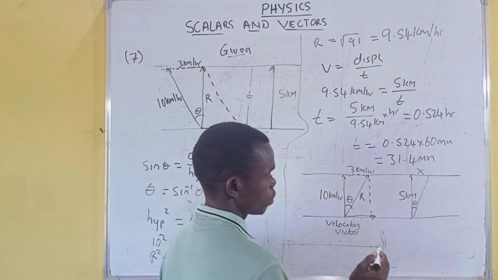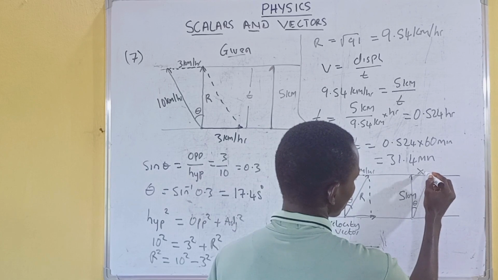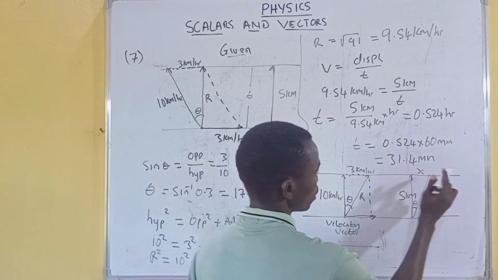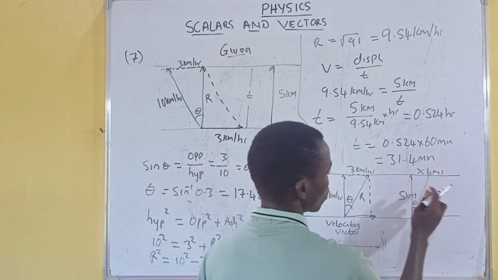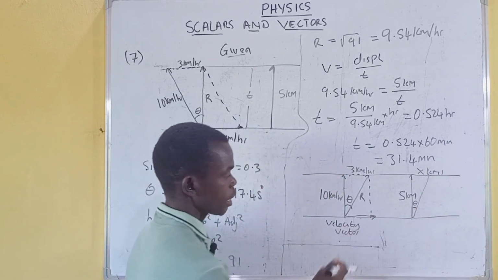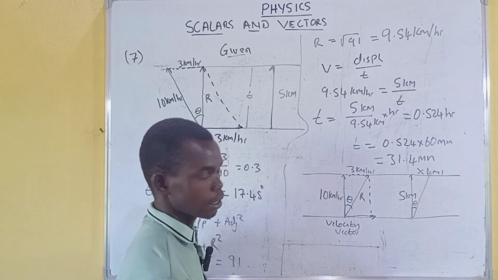So to find this, you look at this diagram, these are similar triangles.